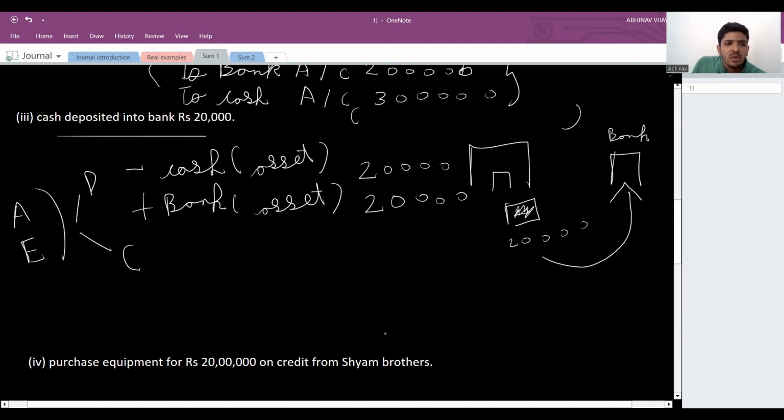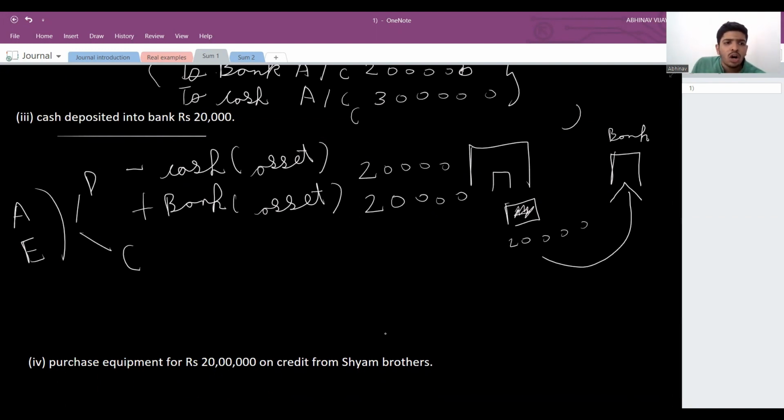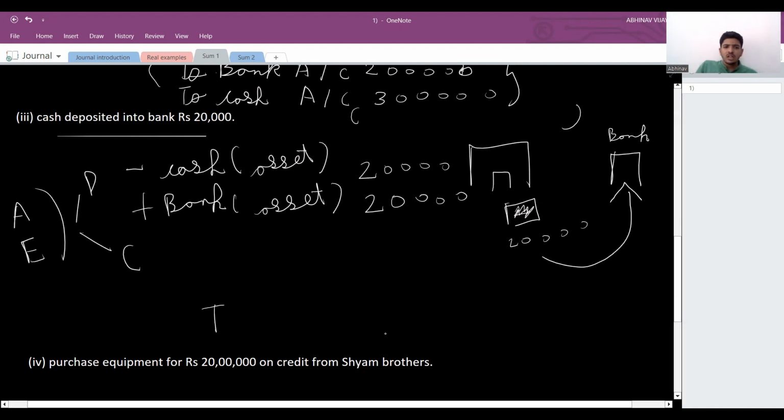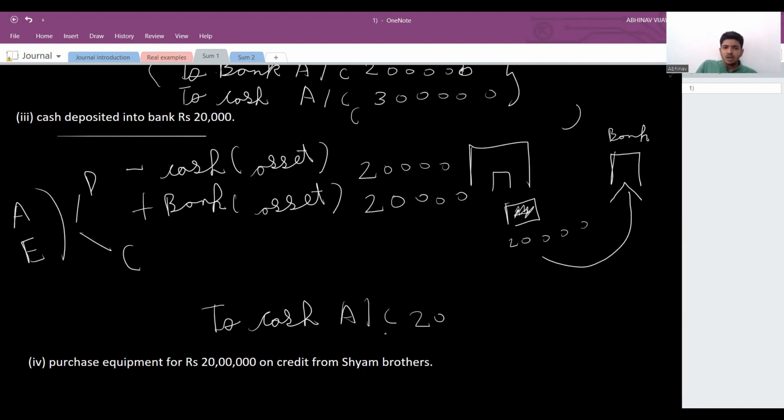Now let's convert this logic into journal entries. So starting, cash gets reduced, which is an asset. So whenever an asset decreases, it will be credited. Then bank, which is an asset, gets increased. So whenever an asset increases, it will be debited.